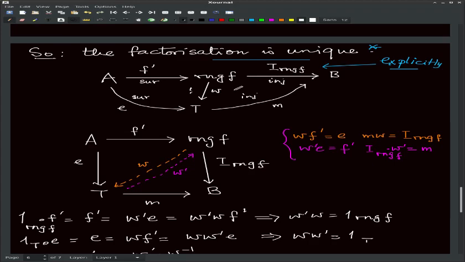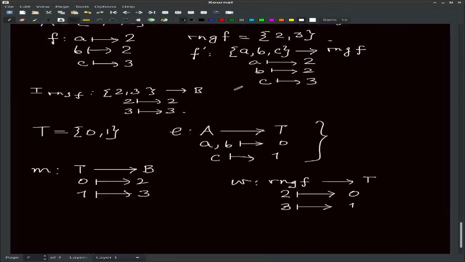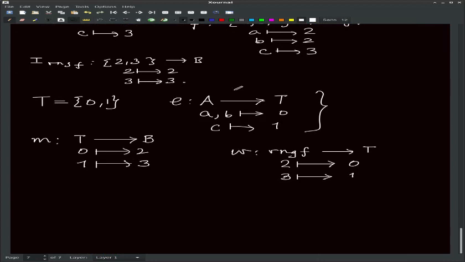Now, what is the moral behind this? The moral is that to study functions, we therefore need to study two different things, one of which is given by injective functions.